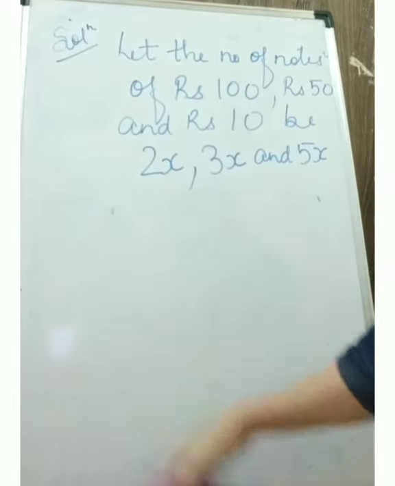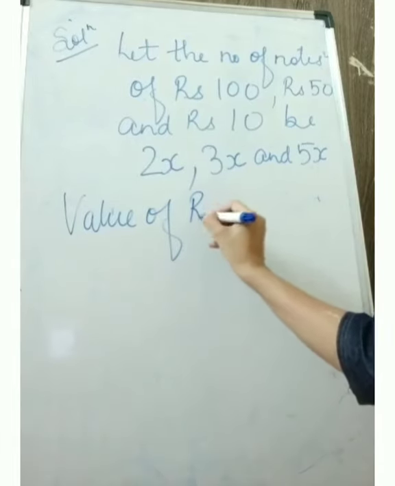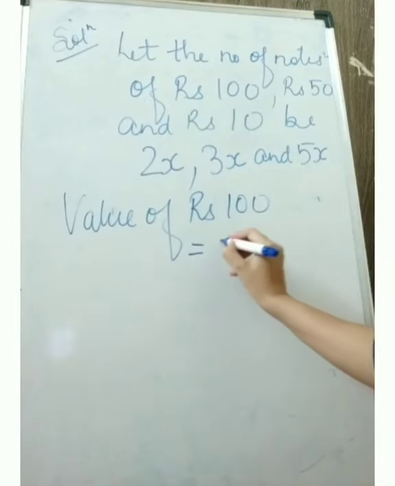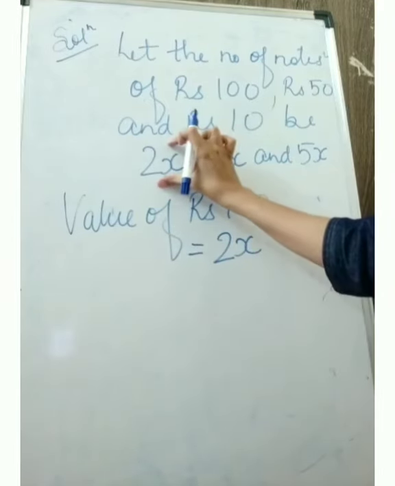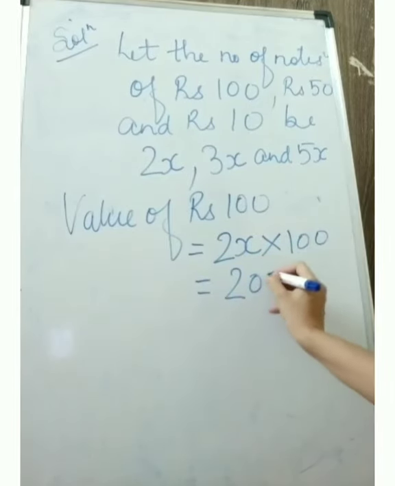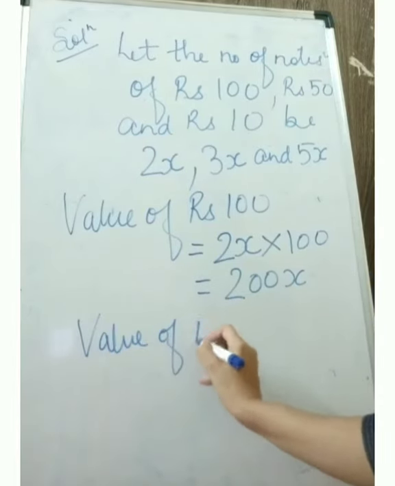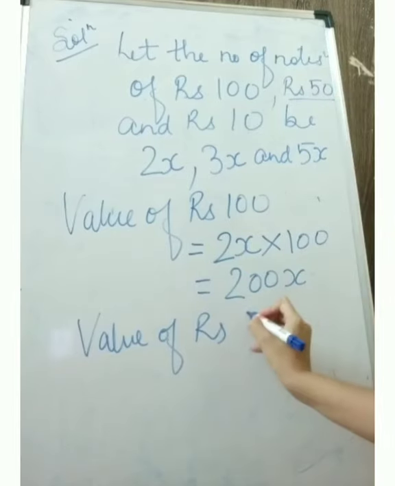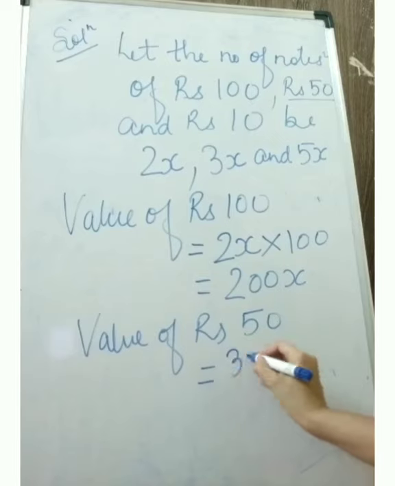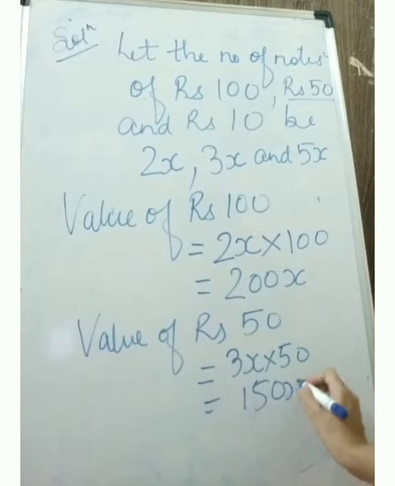Okay, now the next thing is value of rupees 100. The number of 100 notes is given as 2x, that is why we will multiply 2x with 100, so it becomes 200x. Then the value of rupees 50 is equal to 3x into 50, that is 3 5s are 15, 150x.